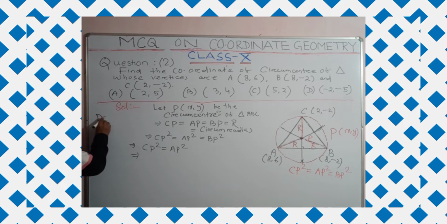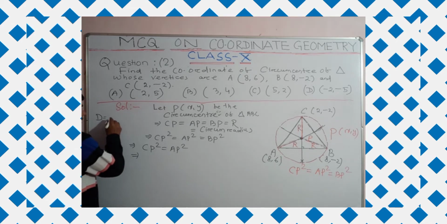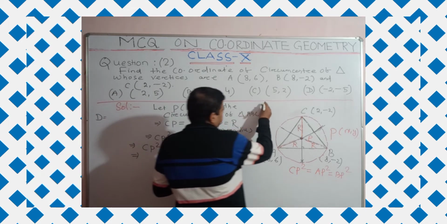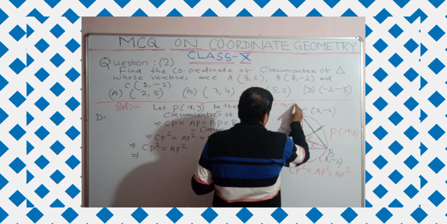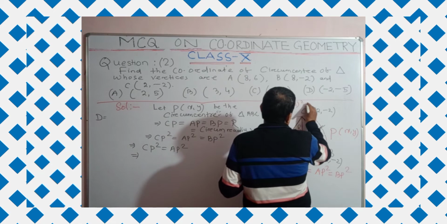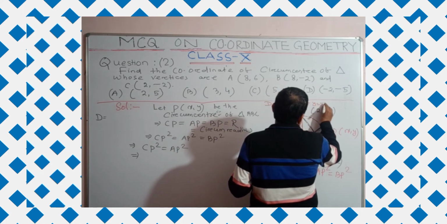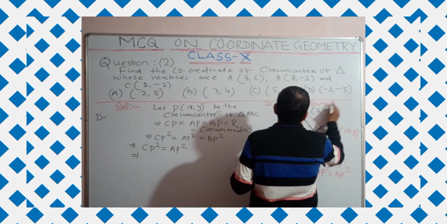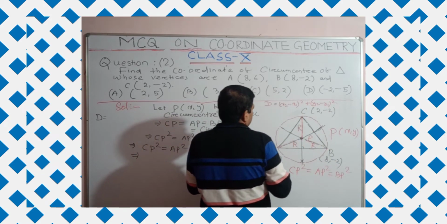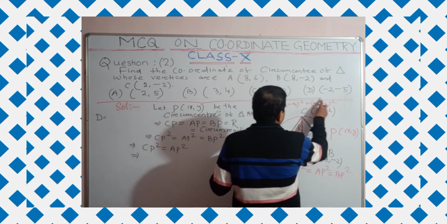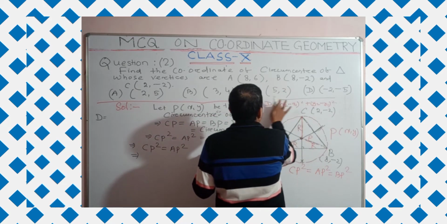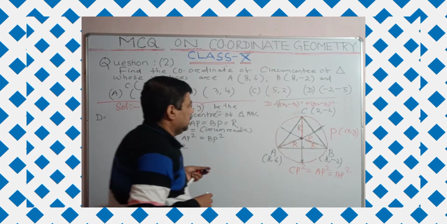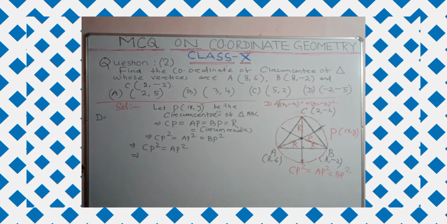We all know it: square root of x2 minus x1 whole square plus y2 minus y1 whole square. You can use the distance formula here.